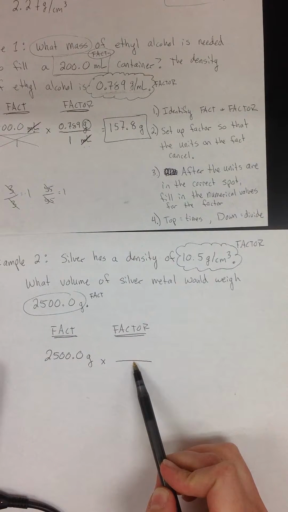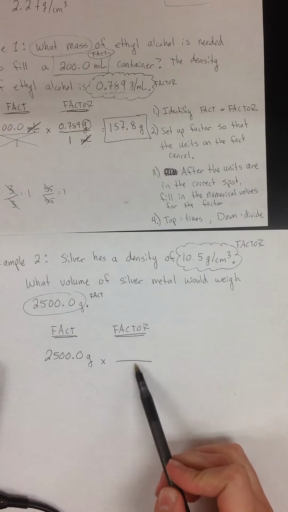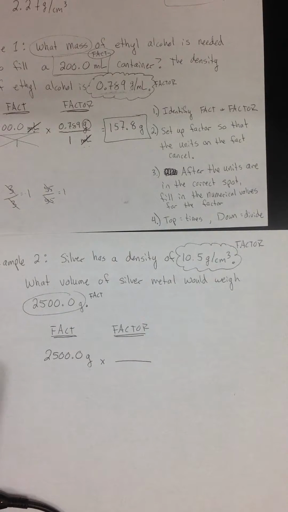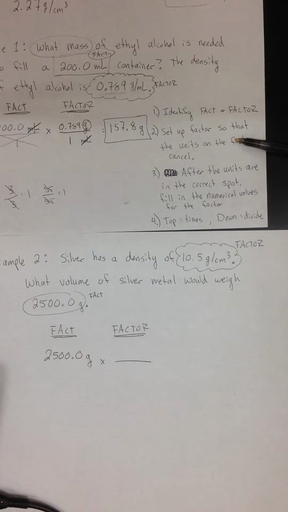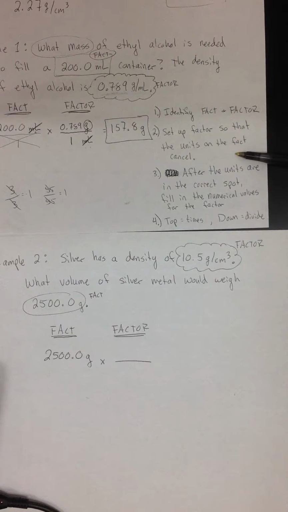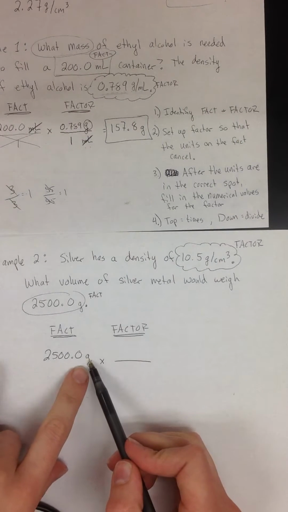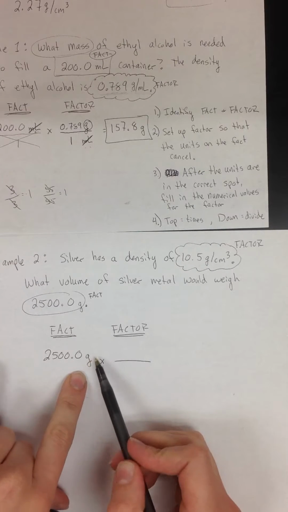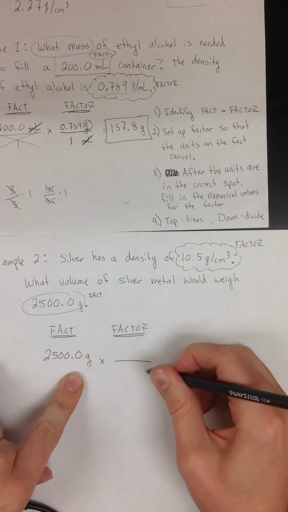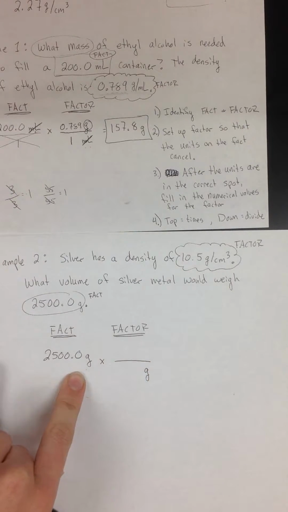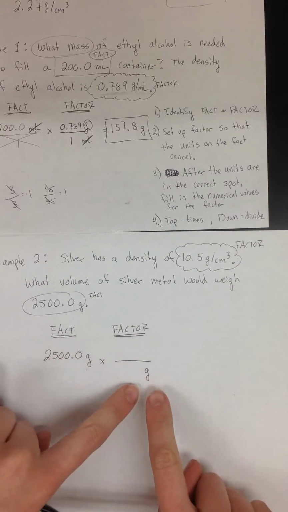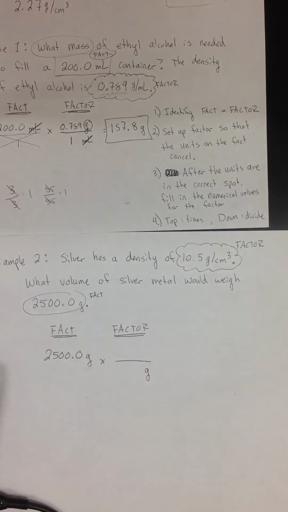Again, my factor is a fraction. That's why I've drawn this line to represent that I'm going to put my fraction in there. My second step, set up the factor so that the units on the fact cancel. Well, right now I've got grams, so I need to cancel those grams. I'm going to put them on the bottom. They're on the top right now, they're on the bottom over here, so those would cancel.